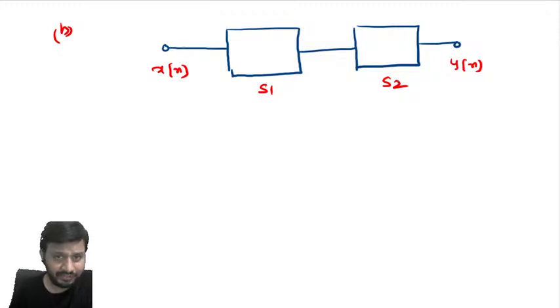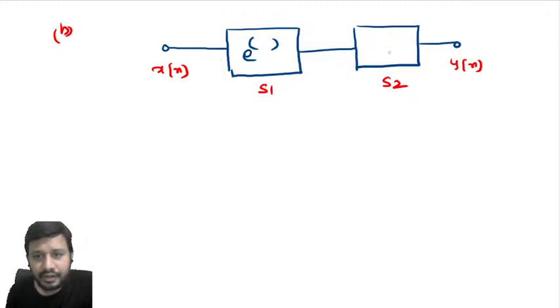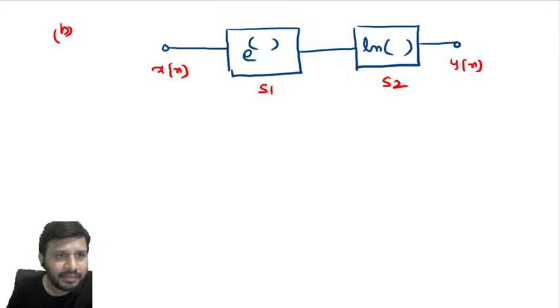No, I'll do one thing. Let's take two non-linear systems and connect them in cascade. Exponential, e power, non-linear, no? E power, and here I'll take natural logarithm. Now what is the output of the first system?